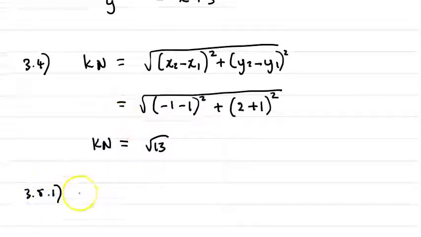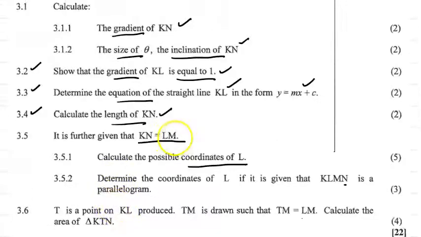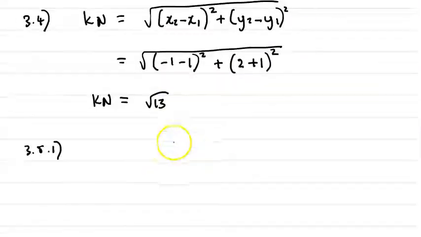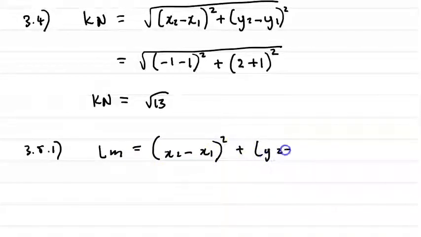3.5.1. Firstly, let's set up the equation for LM. So we've got LM equals our distance formula: x2 minus x1 all squared plus y2 minus y1 all squared. So we'll say LM equals either the square root of this whole thing, or we can say LM squared.